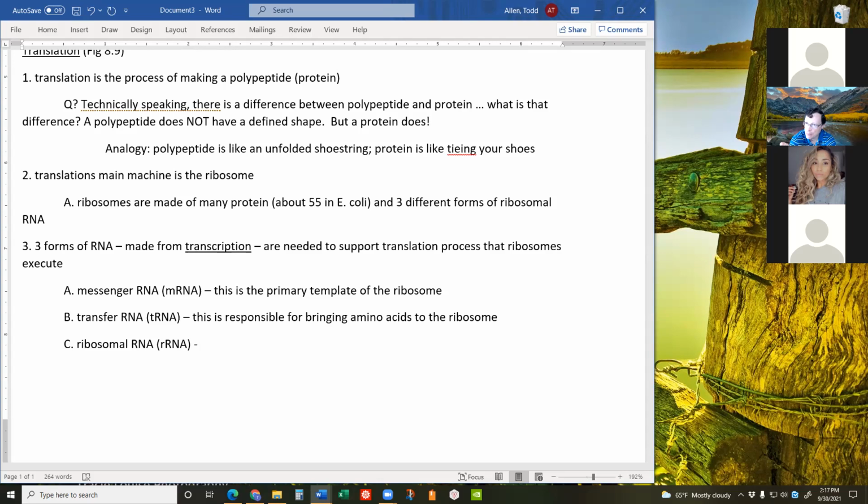It's the piece of the ribosome that's responsible for catalyzing the formation of peptide bonds. Okay, so this is a structural piece of the ribosome and is responsible for linking amino acids together.